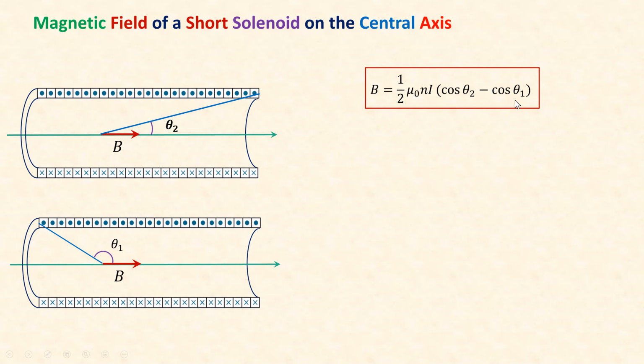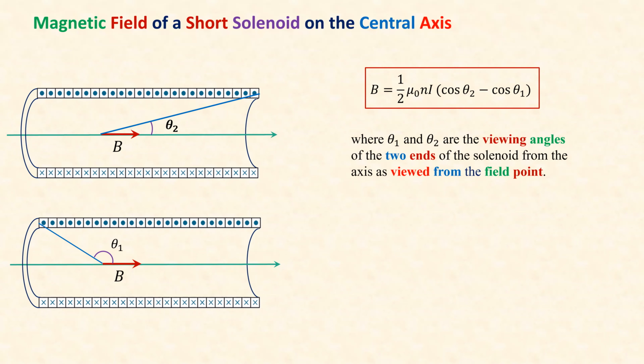This is similar to the equation that I derived in chapter 22 for the line of charge. So theta 1 and theta 2 are the viewing angles of the two ends of the solenoid from the axis as viewed from the field point. The field point is where we calculate the field. The source points are here. From this point, what is the angle of this one, and what is the angle of the other one to the axis?